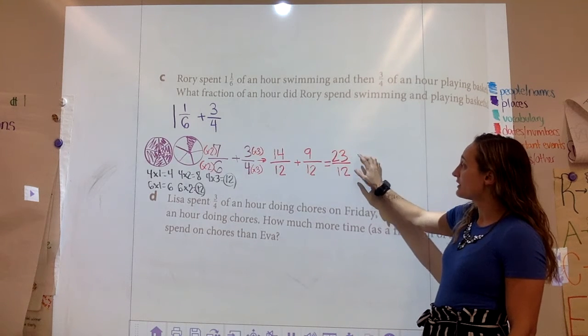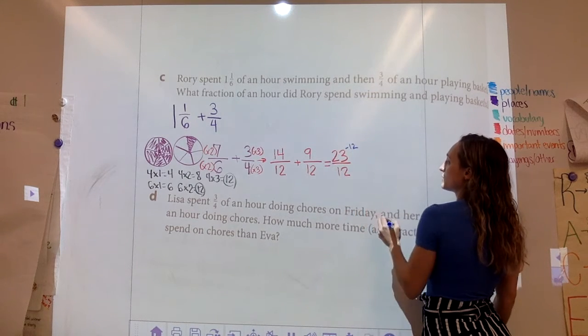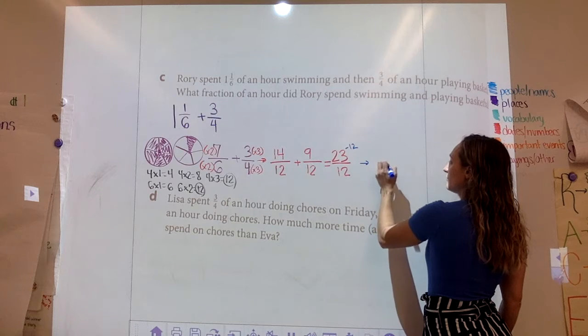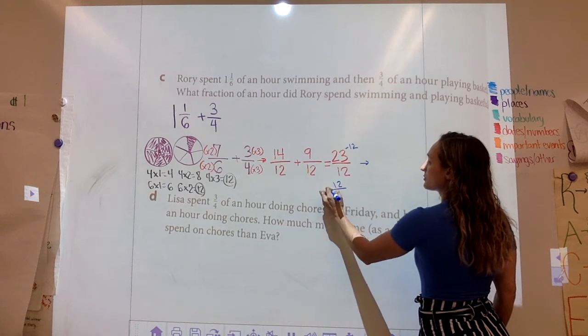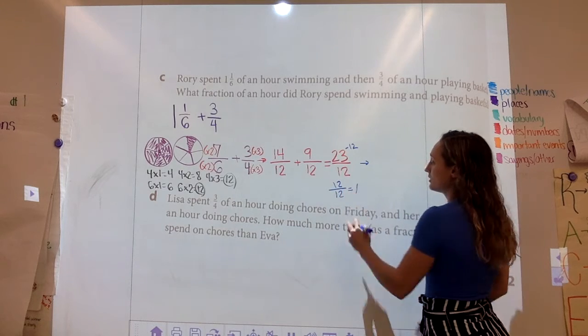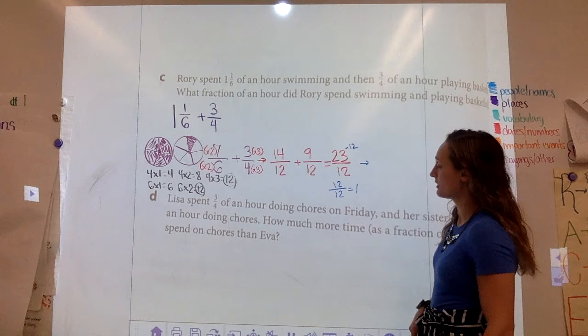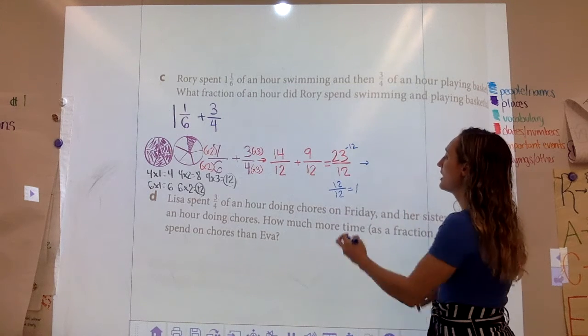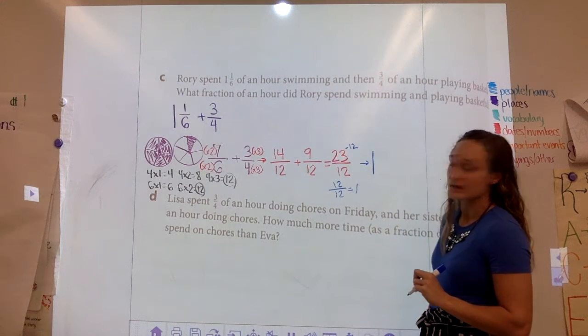Okay, but I do have enough to subtract 12 out of the 23. And that is the same thing as subtracting 1 whole out of this number. I'm subtracting 12 out of 12 out of there, taking it out because I want to write it as 1 whole because I'm writing it as a mixed number.